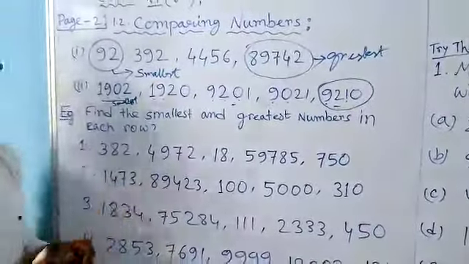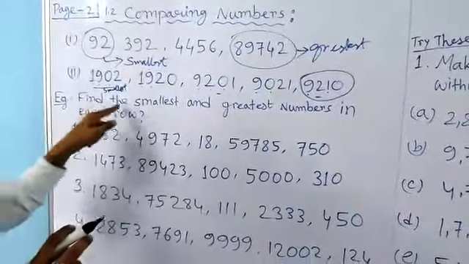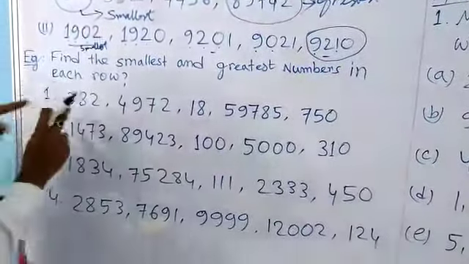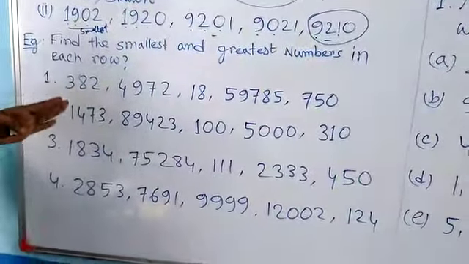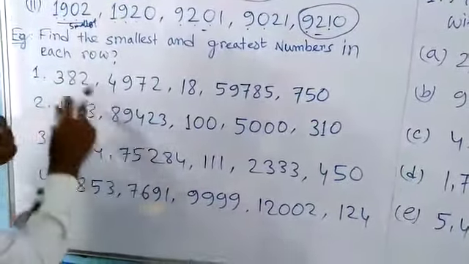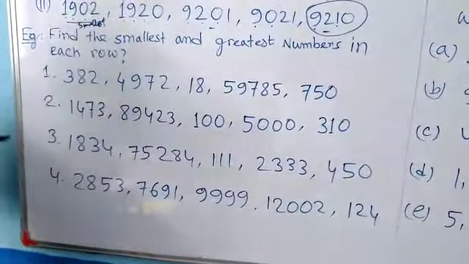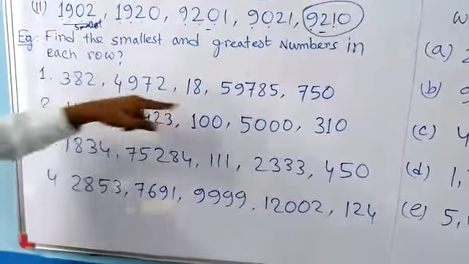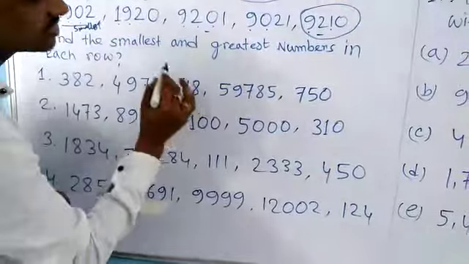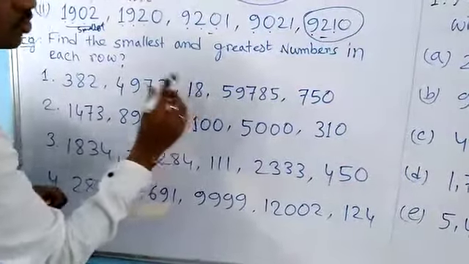Understand, students? There are some examples. Find the smallest and greatest number in each row. There we find the smallest number and the greatest number of those numbers. In those numbers we can easily find the smallest number. This is the smallest number.